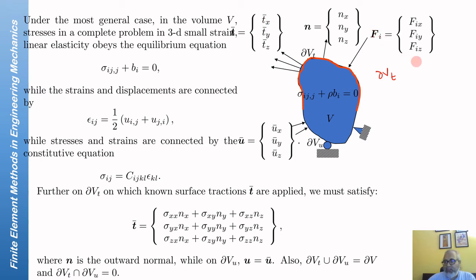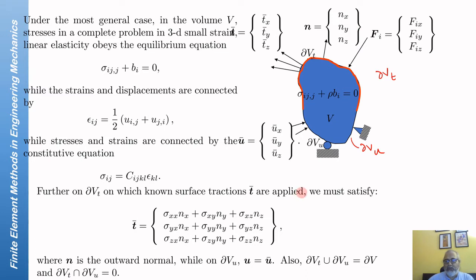There may also be concentrated forces specified, but concentrated forces are actually a special case of the tractions, but we have just shown them both. So tractions may be specified, concentrated forces, which are special cases of tractions. And then there is another part of the boundary which we will call delta Vu, on which displacements are specified. The displacements are specified. So this is the nature of the boundary condition.